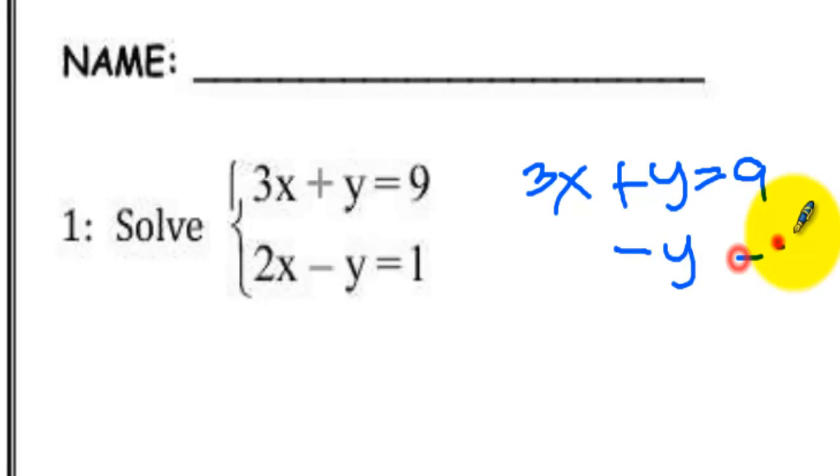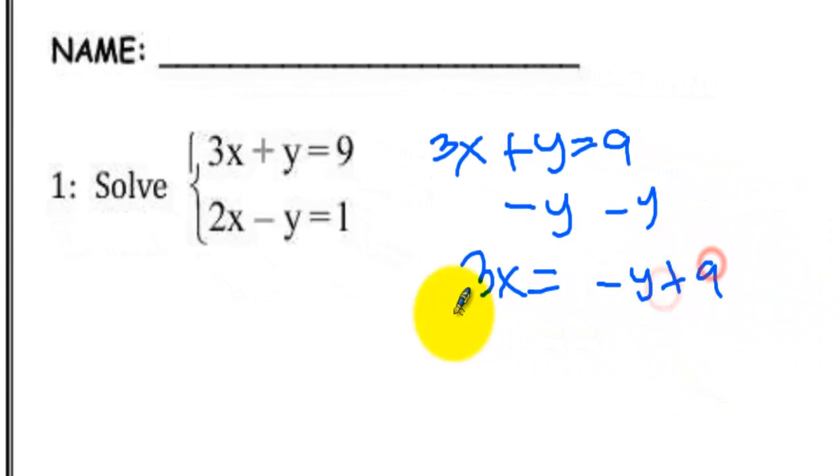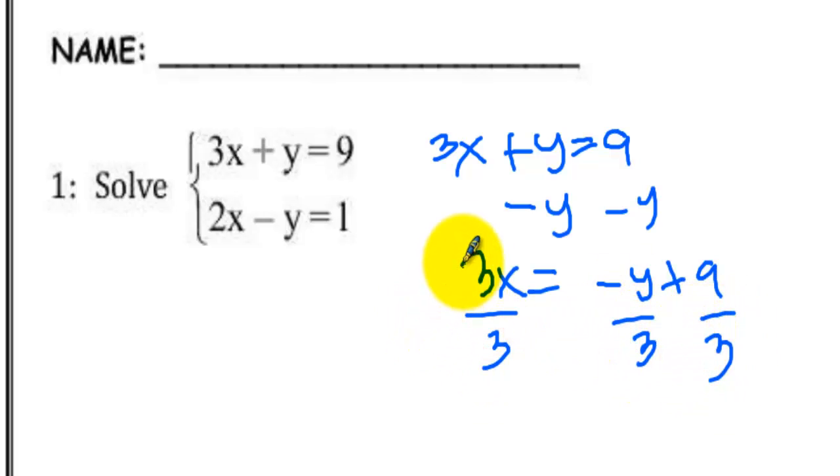When you subtract y from both sides, you will end up getting negative y plus 9. And then you are going to divide by 3 on both sides, and then you will get a fraction or a denominator. Okay? And it's kind of hard to plug in an expression having a denominator. It will complicate your solution.